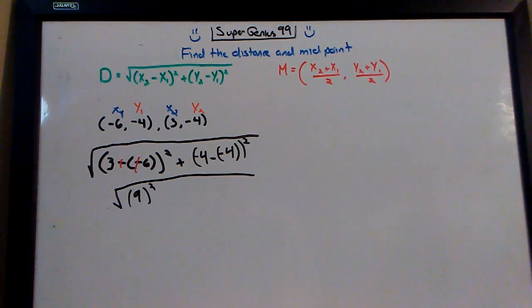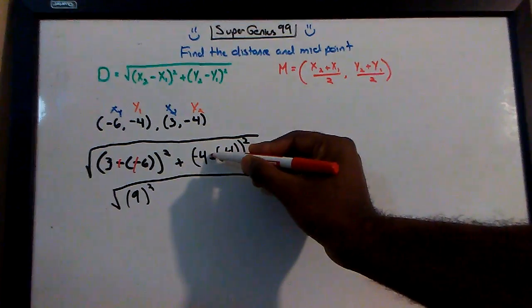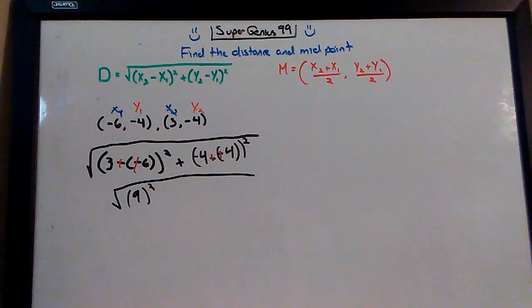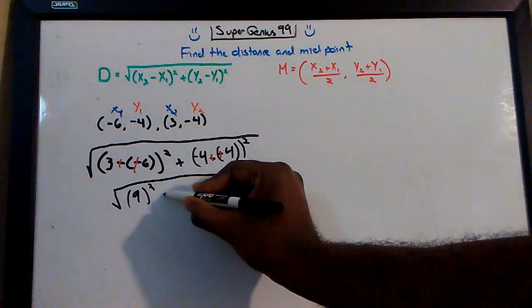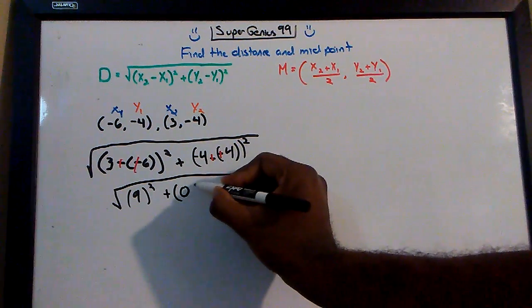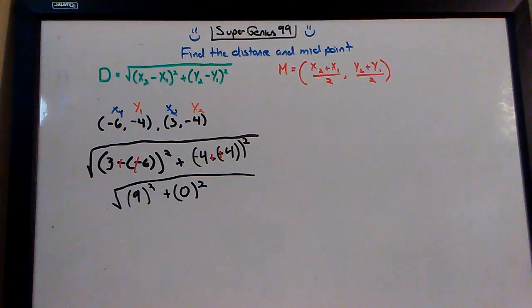And then -4 minus -4. So once again, when you subtract a negative, add a line, change the sign. So that becomes -4 plus 4. So it's -4 plus 4. 0. All right.